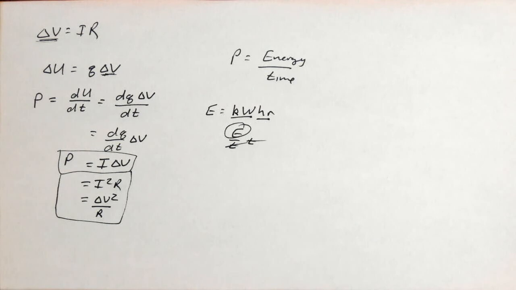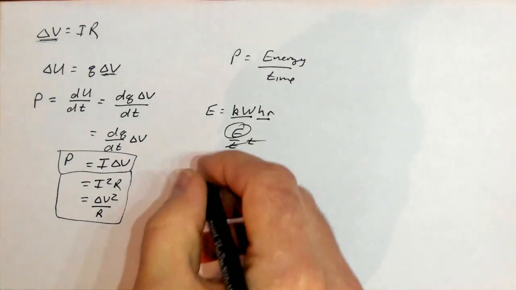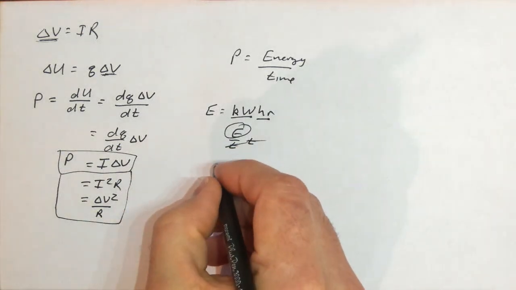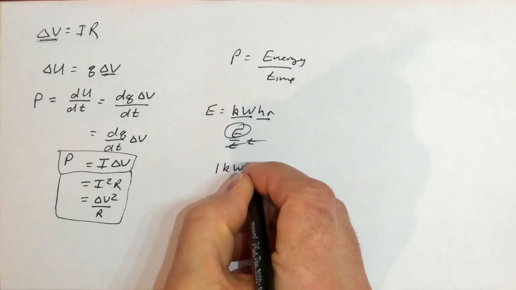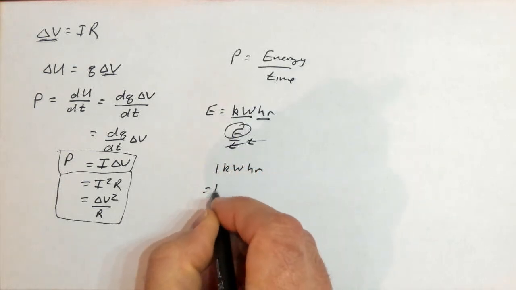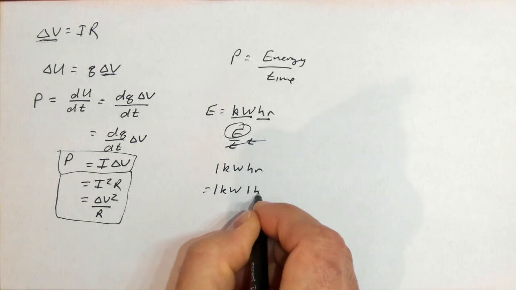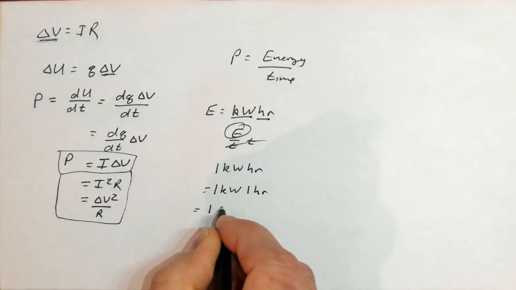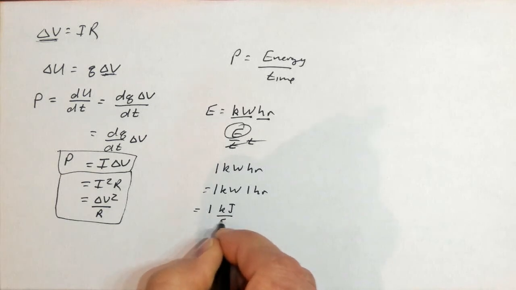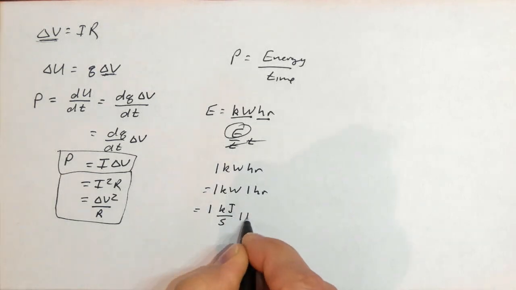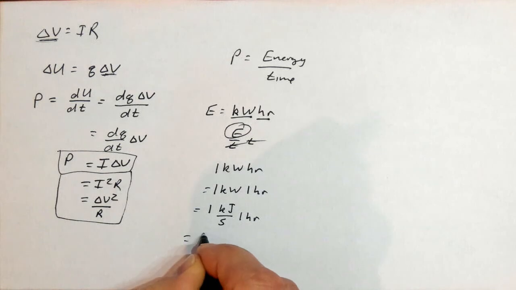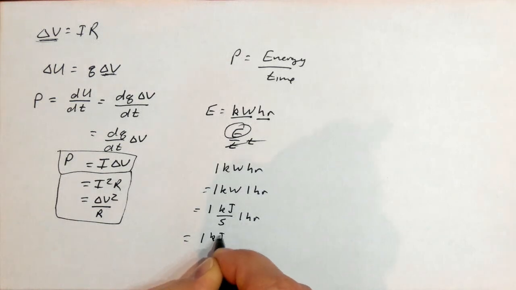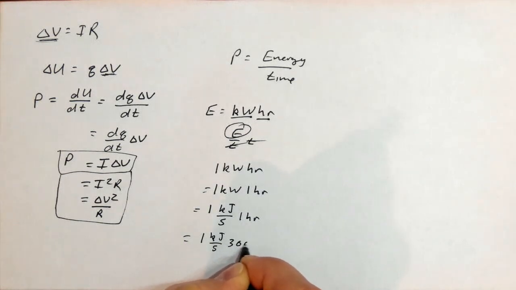Now it's kind of weird. For example, what's 1 kilowatt hour in terms of SI units, in terms of joules? So 1 kilowatt hour is the same thing as 1 kilowatt for 1 hour. Now 1 kilowatt is 1 kilojoule per second times 1 hour, which is 1 kilojoule per second times 3,600 seconds.